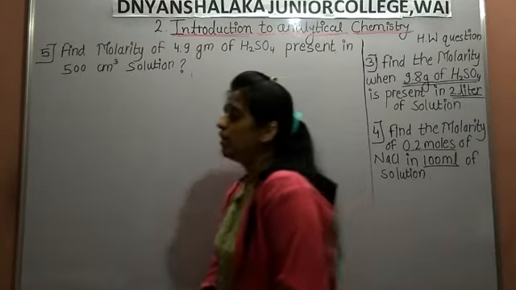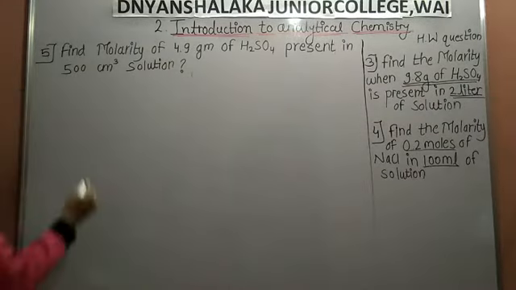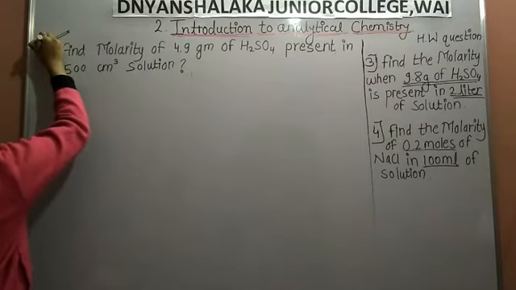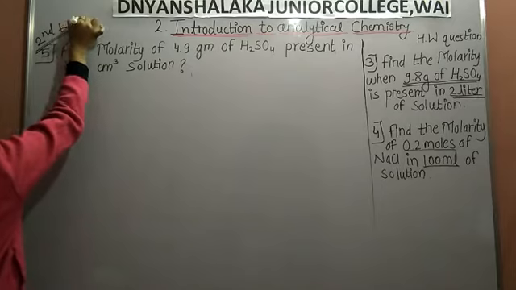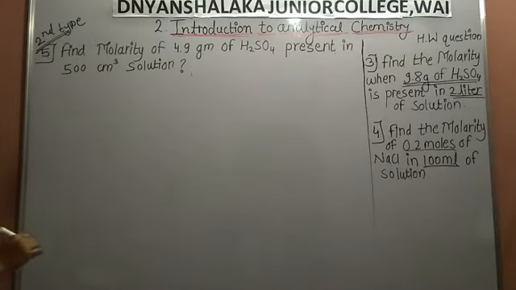Next we solve the second type of molarity question. Question number 5: find the molarity of 4.9 gram of H2SO4 present in 500 cm³ of solution.